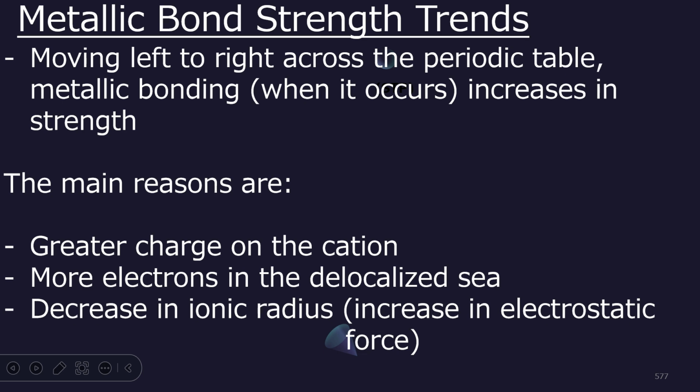So decrease in ionic radius, increase in electrostatic force. Everything works together to make metallic bonding stronger. But if it gets too strong, it ceases to be metallic bonding. Once the electrons get locked in place due to really strong forces, they're going to become covalent networks and covalent molecules.